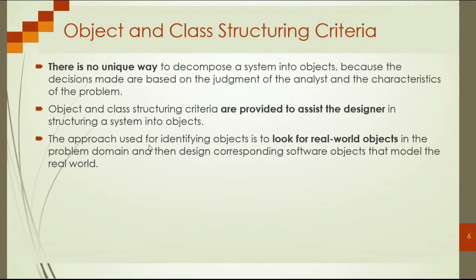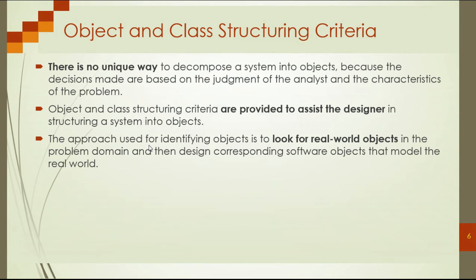So first, there is no unique way to determine or to find the object of the system. So in this class, we just give guidelines that can help you to construct the object system.